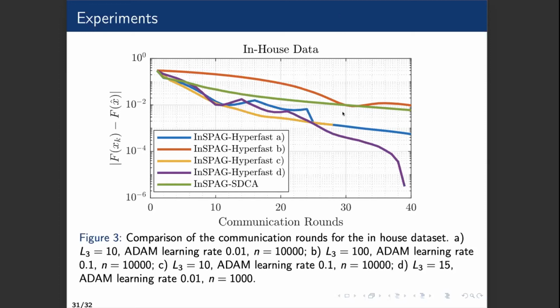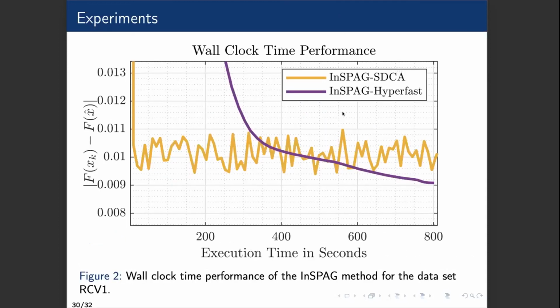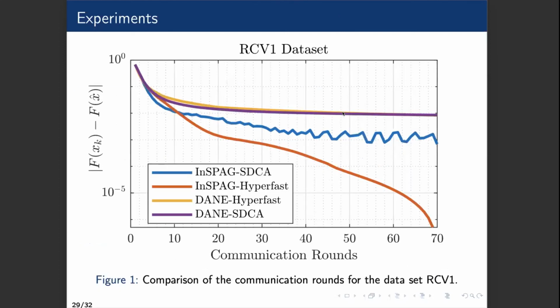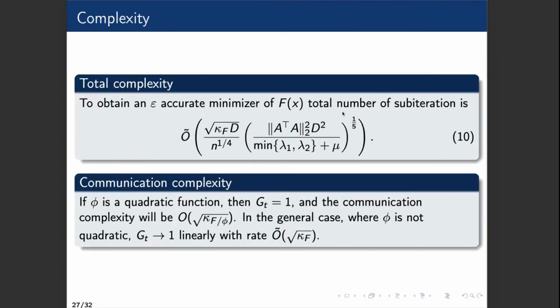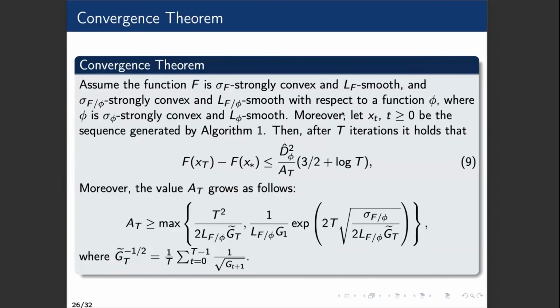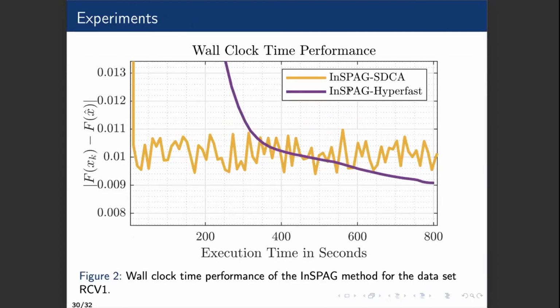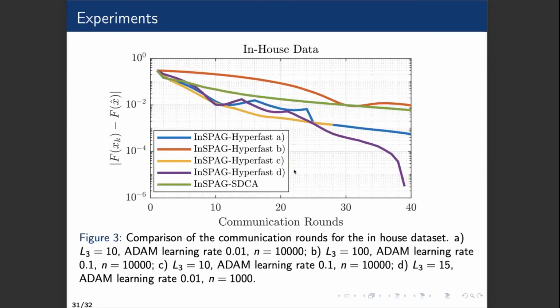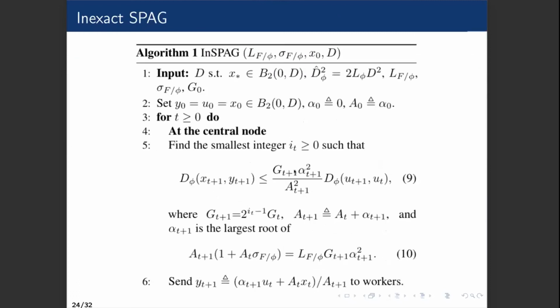Well, maybe I should mention one point. It's surprising for me, as I have a little bit of time, that we were lucky that Hyperfast is actually one of the fastest methods among all the high-order methods I know.